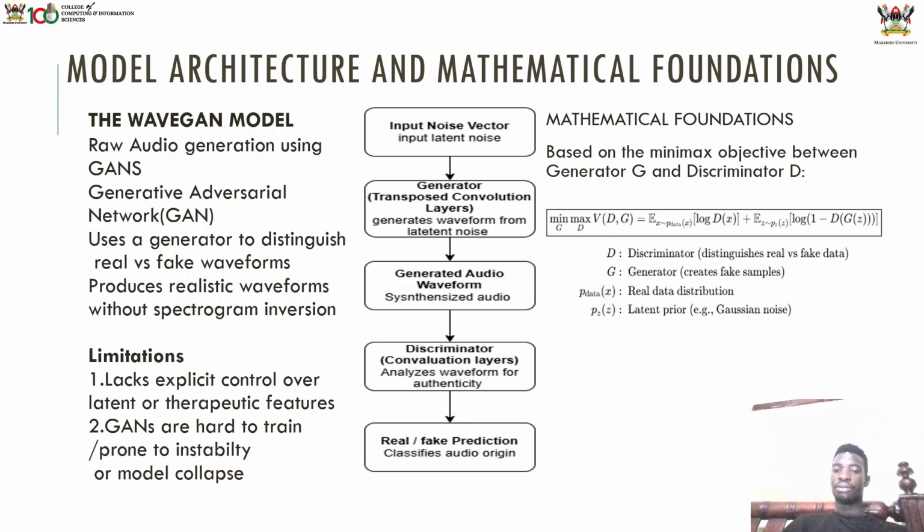The generator will try to create fake samples, and then we have real data. In this formula, P data stands for the real data distribution.